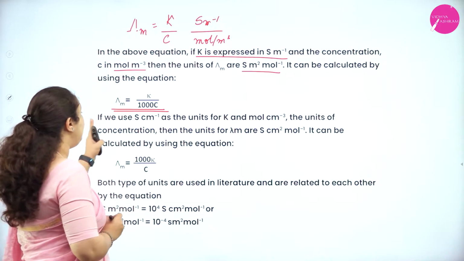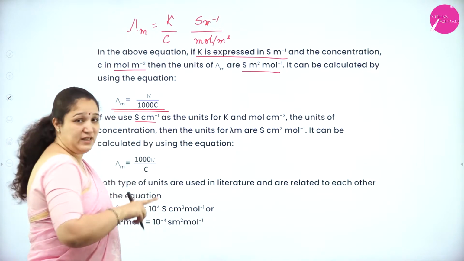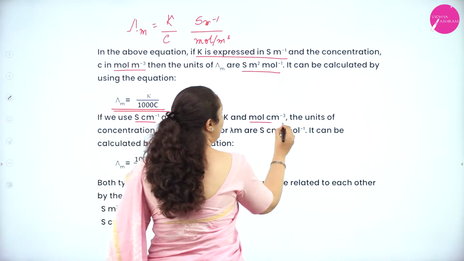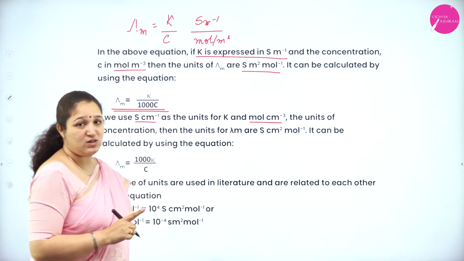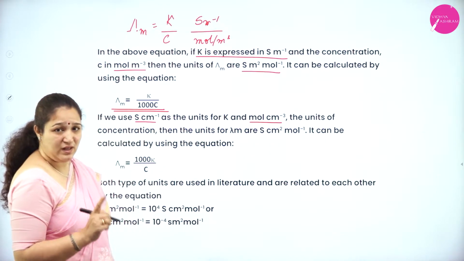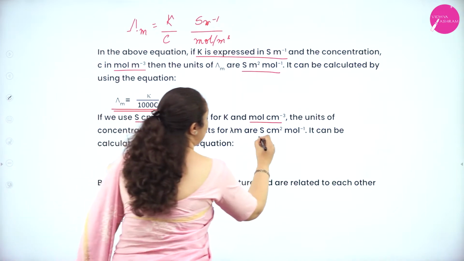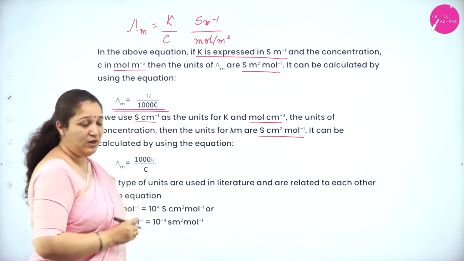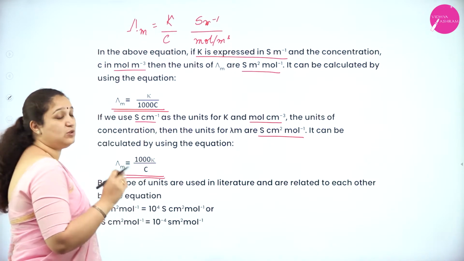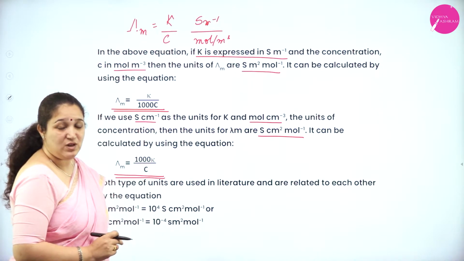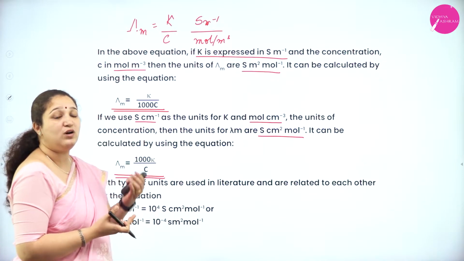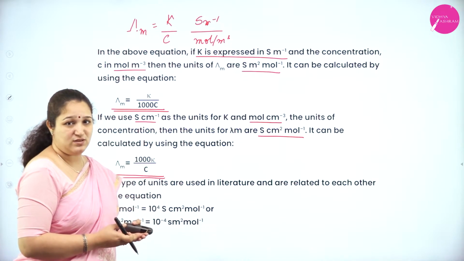If we use Siemens per centimeter as the unit of kappa and mole per cm cube as the unit of concentration, then the lambda m unit is Siemens centimeter square per mole, and it can be calculated using the formula lambda m is equal to 1000 kappa by C. So, you have to see in what unit you have got the conductivity and the concentration.